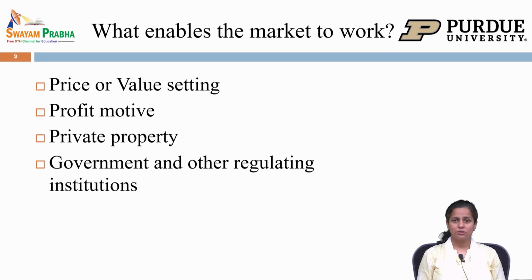There is also the idea of private versus public property, and then there are regulating institutions. So the markets respond to price, profit, privatization or public property, and other regulations.